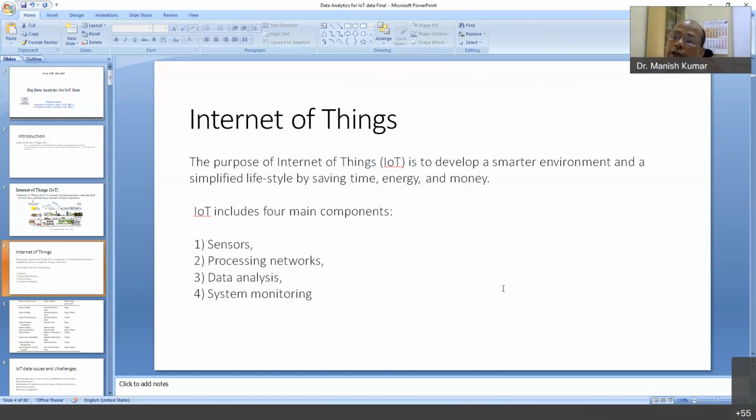If you can make a trade-off between the entire infrastructure and time, energy, and cost, and look for optimal configurations, then we talk about IoT. Okay. As far as components, we have physical devices, then processing networks, then data analysis, and then system monitoring. We'll talk about each of these.